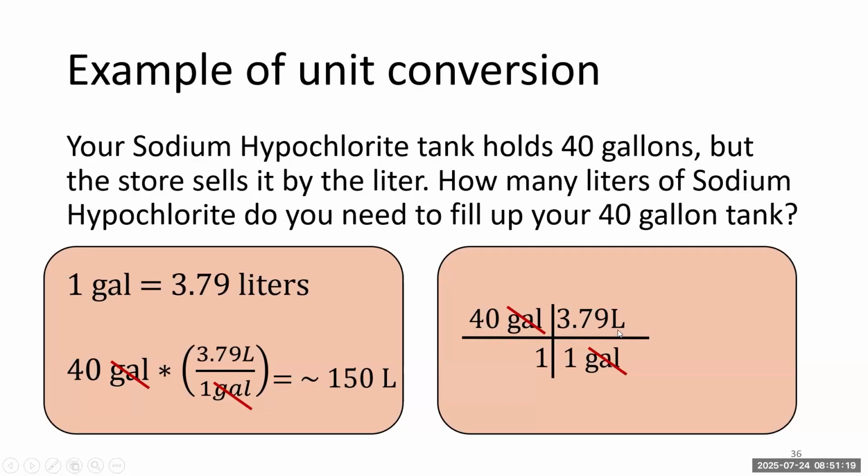All we do is multiply across the top of the grid. So 40 times 3.79 gives us about 150 liters. And that 1 on the bottom, we don't have to worry about because anything divided by 1 is just itself. It's just a way to hold the place and remind yourself of what numbers you're working with at any given moment.